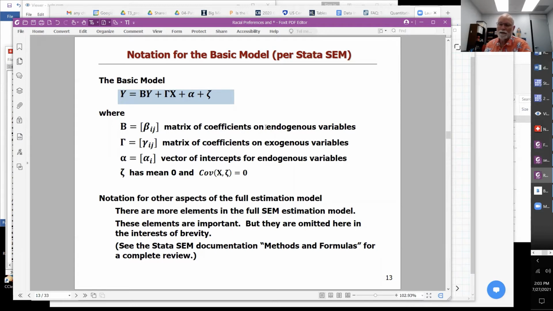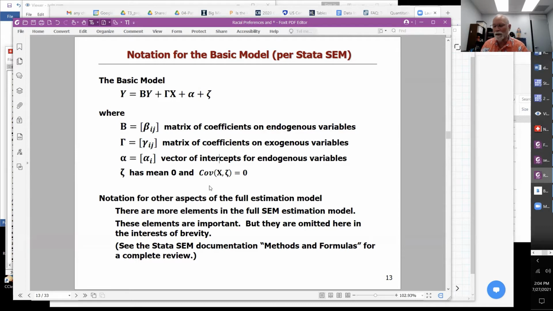Those are the regression coefficients we're trying to get. And then there's another set of similar coefficients for other variables in a system of variables, where we're getting exogenous coefficients that are determining the values of the exogenous variables.